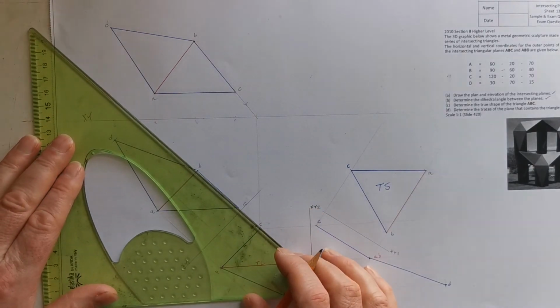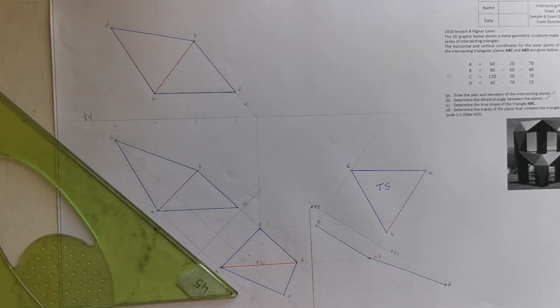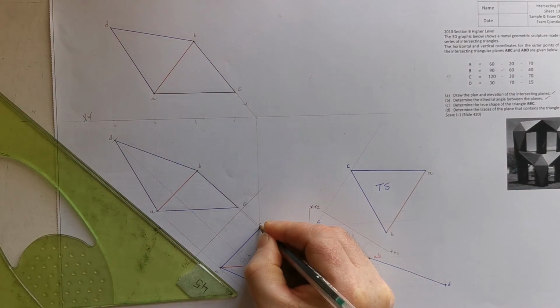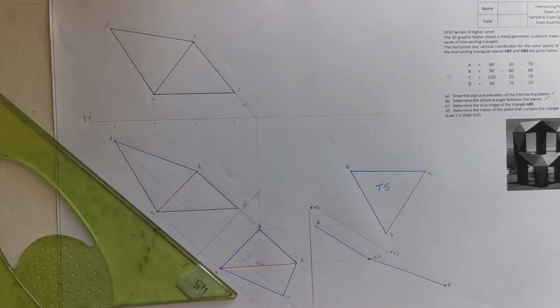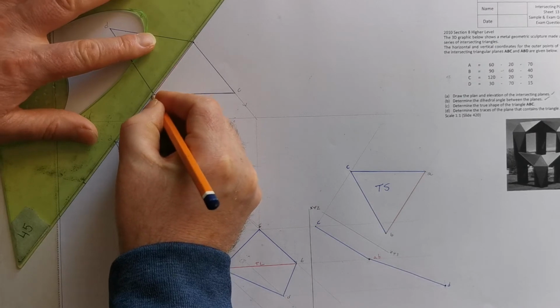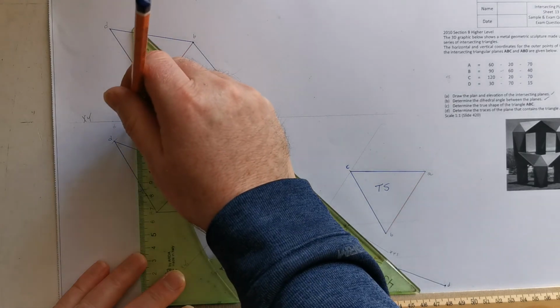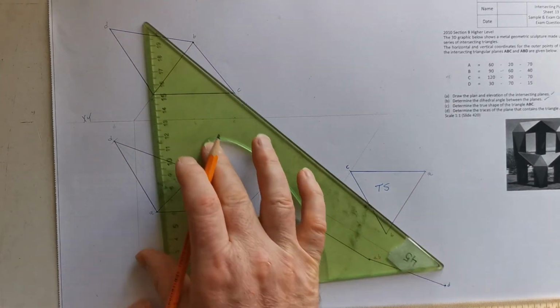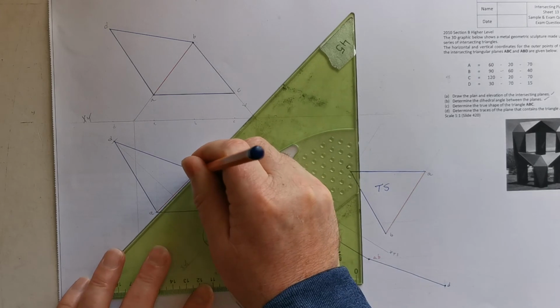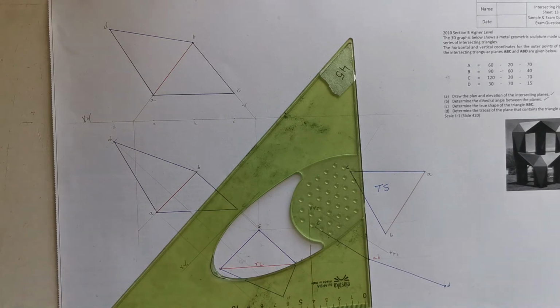And when I extend BC, I already kind of had done that. Here, I'll use green maybe for this. That is one point on the horizontal trace. Now on the other side here, I'm going to extend AB down. Project that down. Extend BA, and that's the other point.